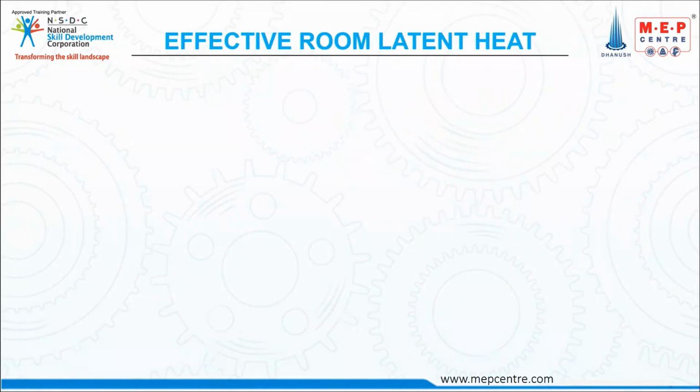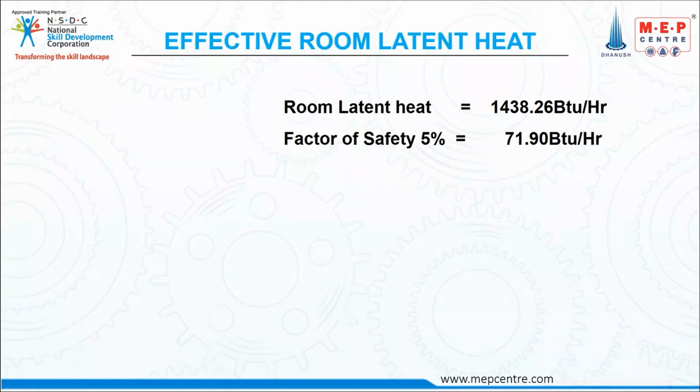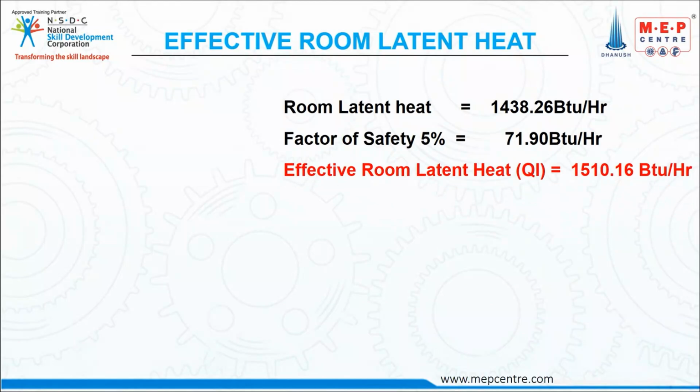So again, I am taking a factor of safety to find the effective room latent heat. 5% I am adding as a factor of safety. After adding 5%, effective room latent heat equals 1510.16 BTU per hour. So we got the room sensible heat and the room latent heat.